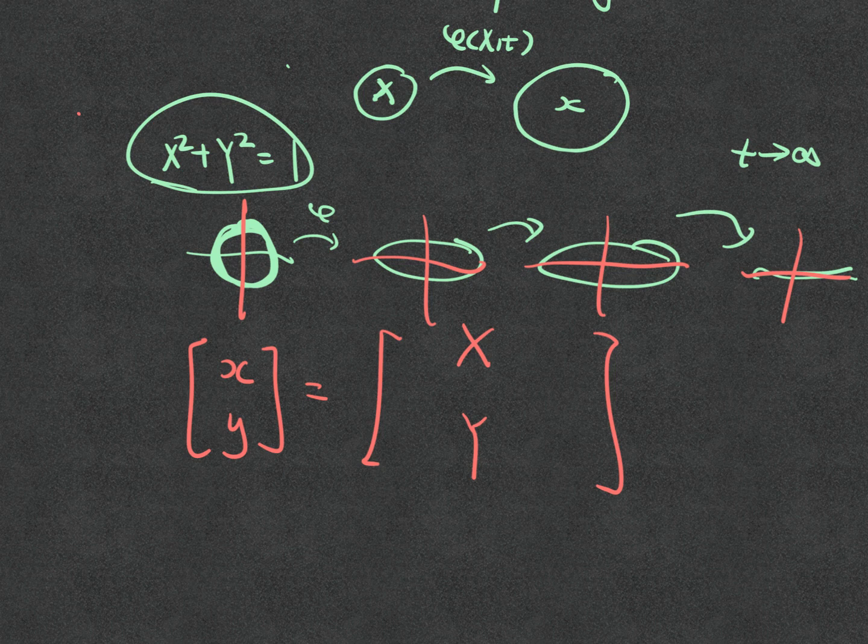Okay, so this would be a function of only x, and this would be a function of only y. Now I need to figure out what I need to do so that I add the time dimension there, so that when time goes to infinity, x would spread out, and y would collapse to 0. And there is more than one answer, by the way.